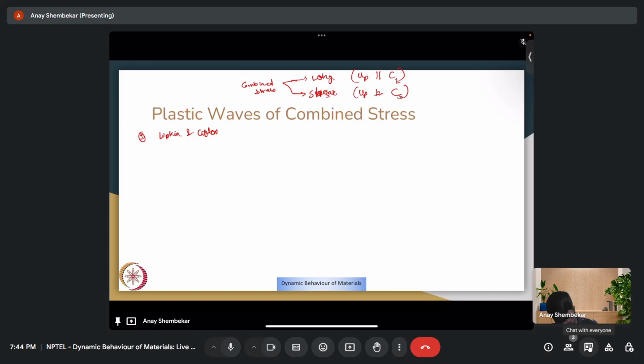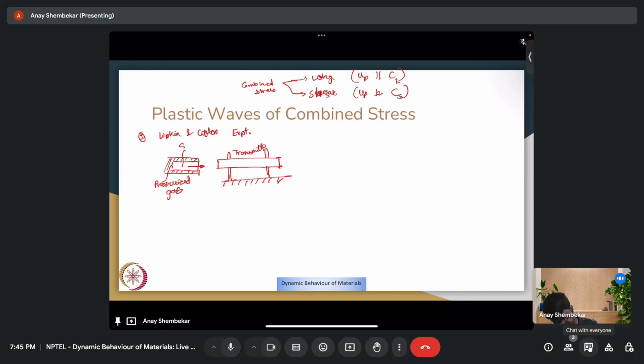So the first experiment for combined stress is the Lipkin and Clifton experiment, where you have a striker bar inside a pressurized gas. This is my transmitter.